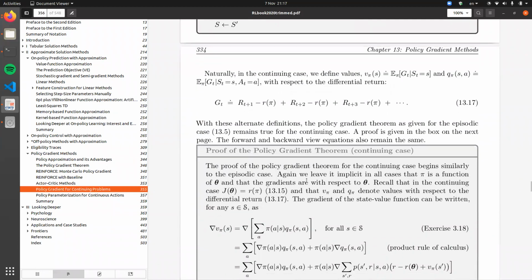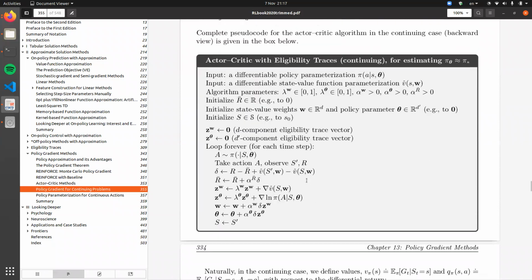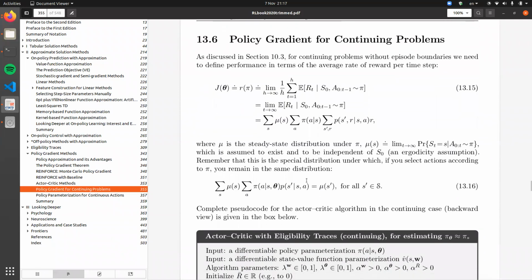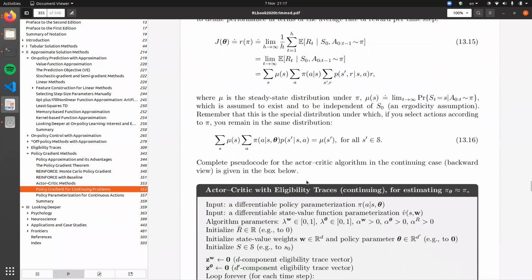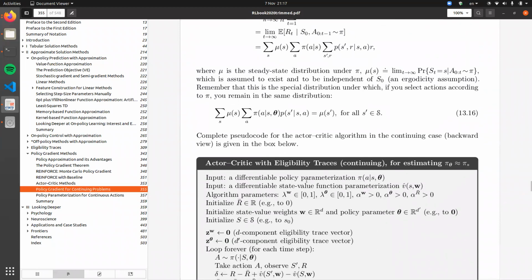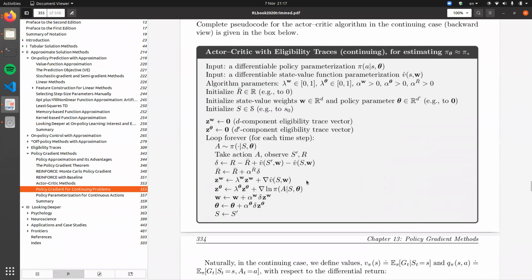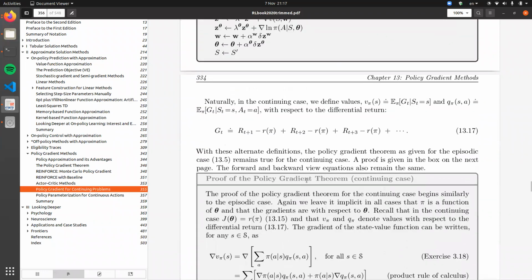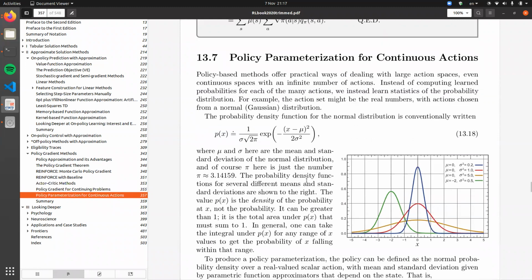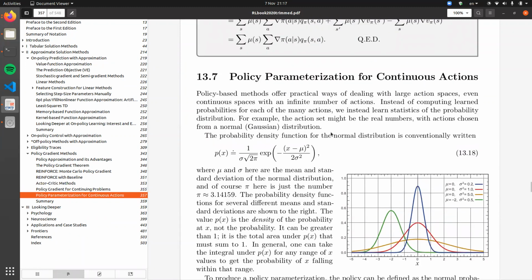All right, so that might be a bit math heavy, but if you think about it, it's a natural extension of what we had learned so far. Now we get to the fact that one benefit of using the policy gradient is that we have this policy.